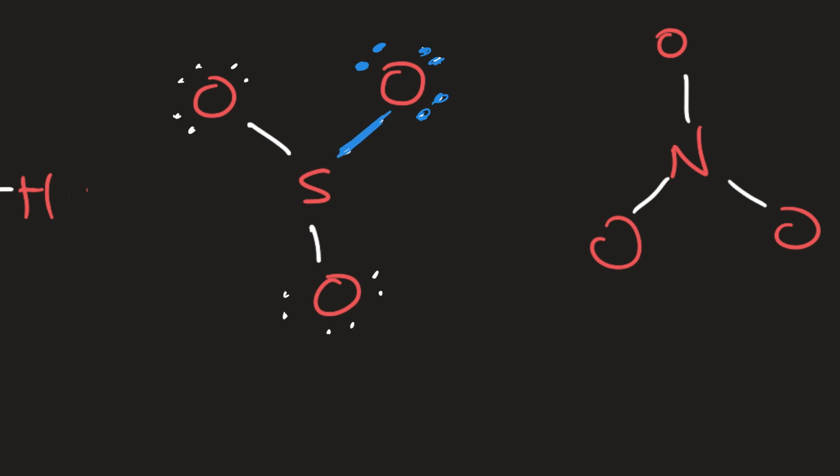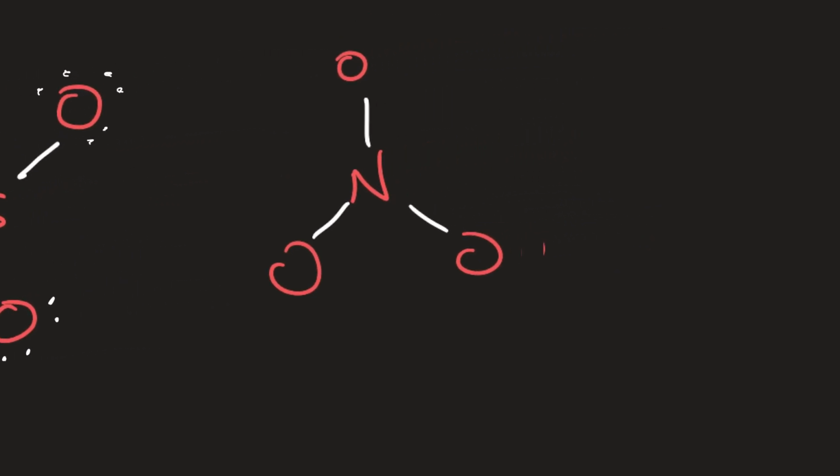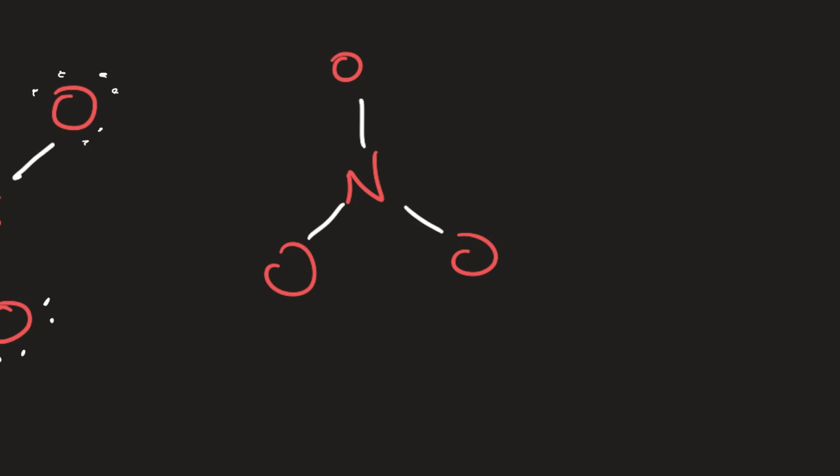So this oxygen has access to 8 electrons, and that's true for all the other oxygens, because they're all set up practically the same way. Now for the last one, same idea with our nitrate ion. Our oxygens need 3 lone pairs, so I'm going to put in my 3 lone pairs.